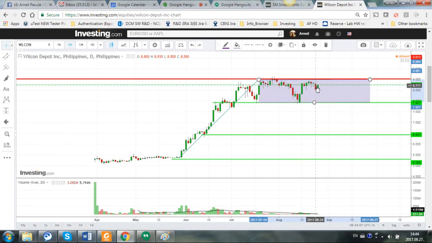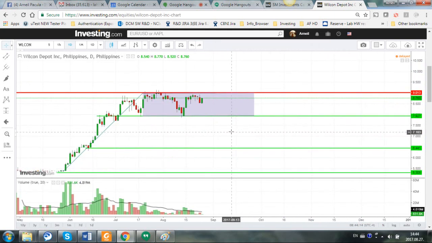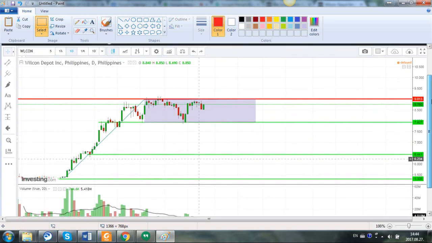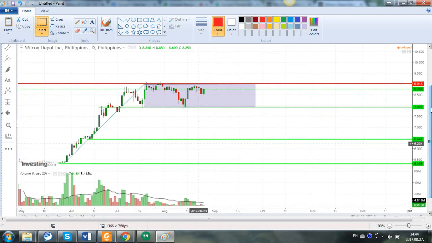Ibig sabihin na pwedeng mag-fluctuate lang yung price on that point. So, just a tip, paano ba invest? Actually, it's around like swing trading. Paano invest sa isang sideways na stock. Pero I'm not recommending this in a very, very high recommendation, but this is how you can trade it.